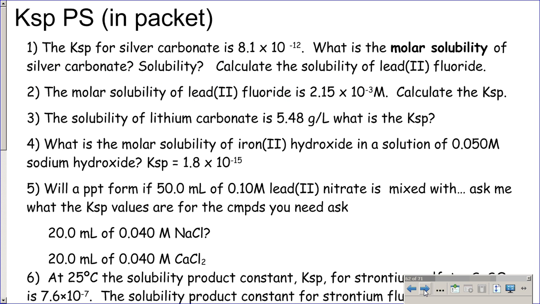This is in your packet. Tell me if you find it. I'm going to see if I can eliminate some of these.